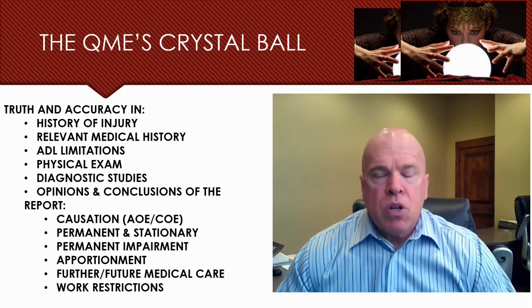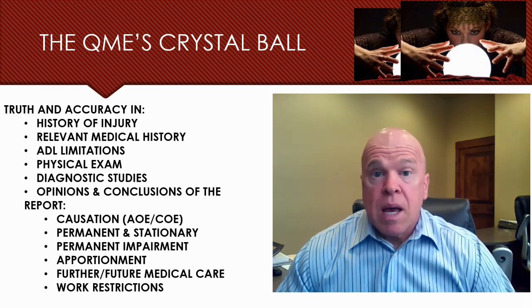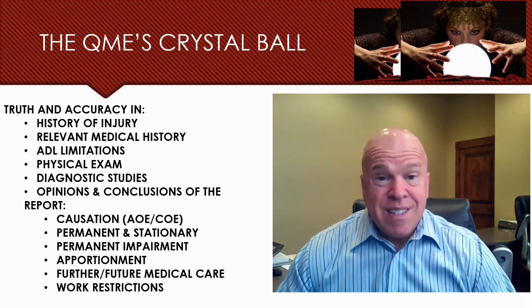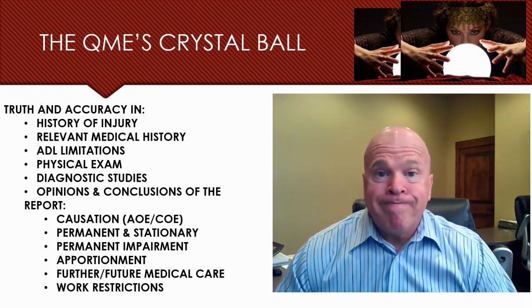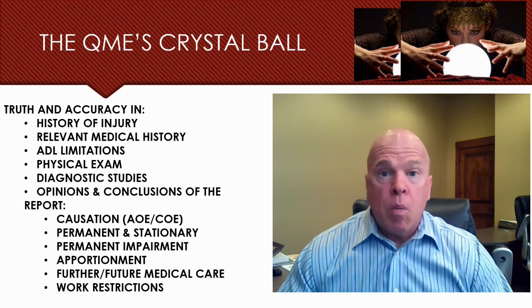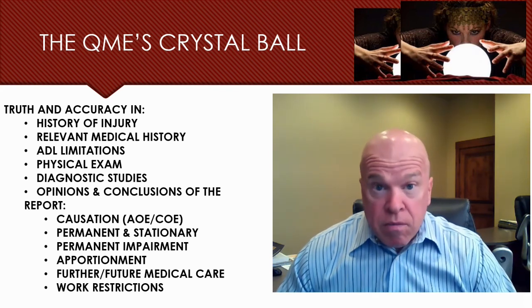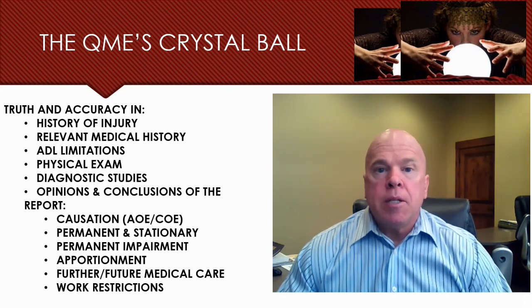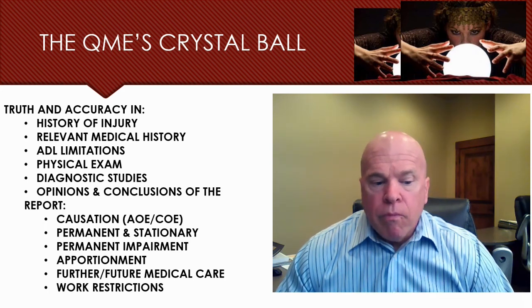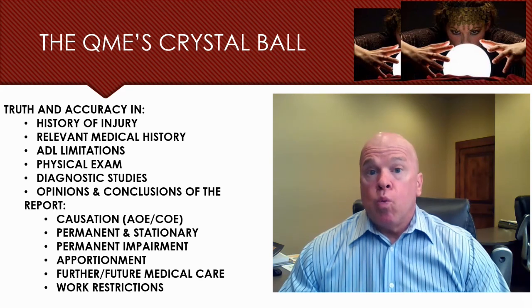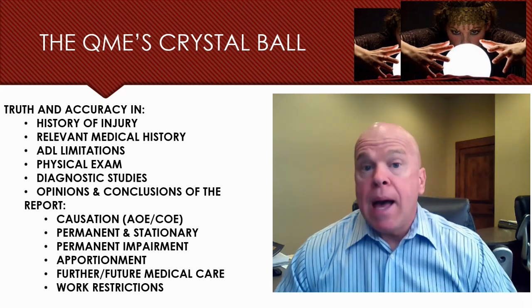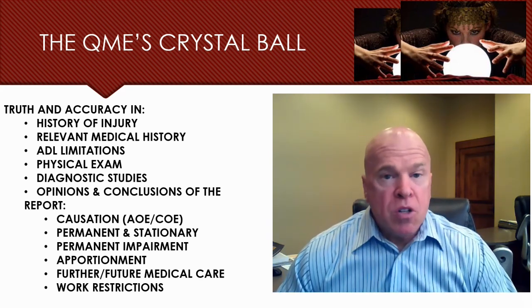And it's important to know that many times examinees will be incentivized to be somewhat vague, to be somewhat forgetful, to be somewhat disacknowledging of any prior relevant medical history that may impact upon the current claim for industrial injury.